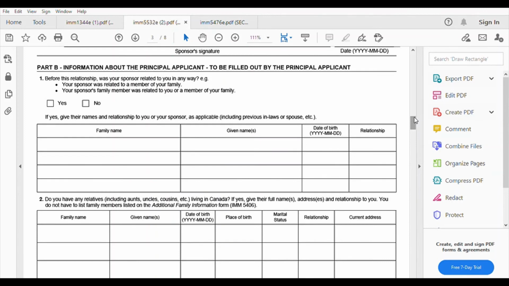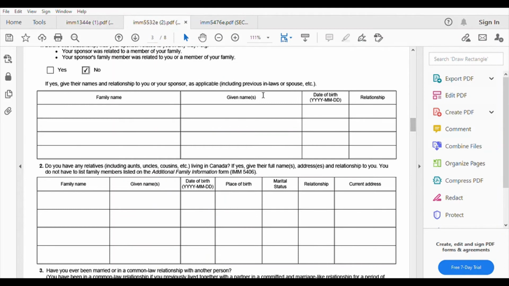Part B, information about the principal applicant, to be filled out by the principal applicant. So, before this relationship, was your sponsor related to you in any way? Yes or no. Let's say no. Before the relationship, I didn't know my partner.